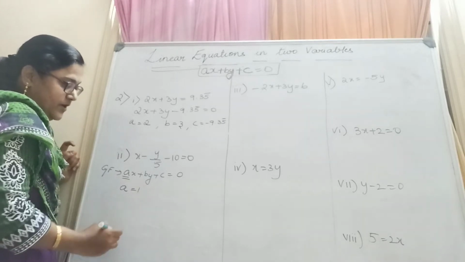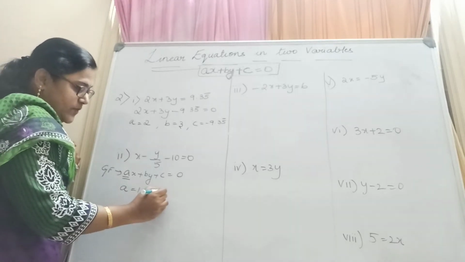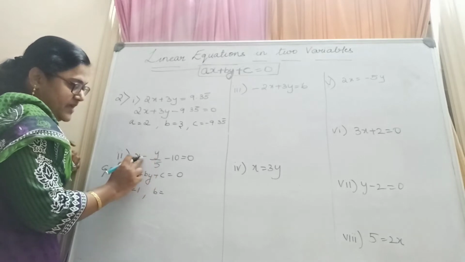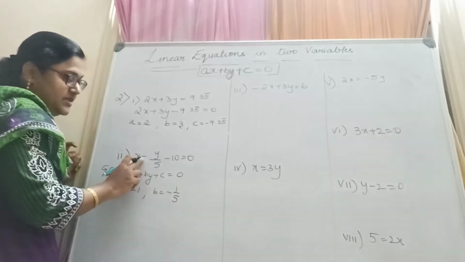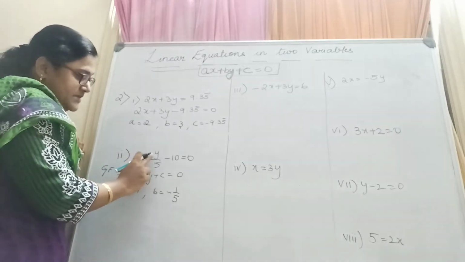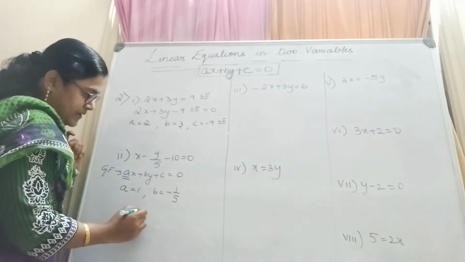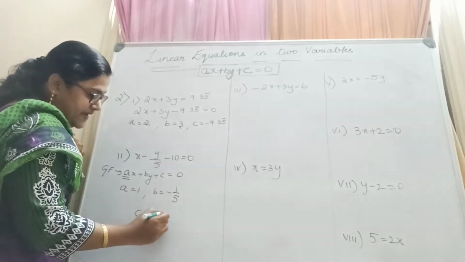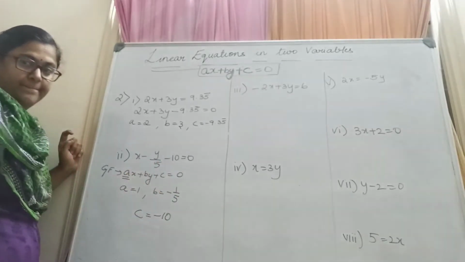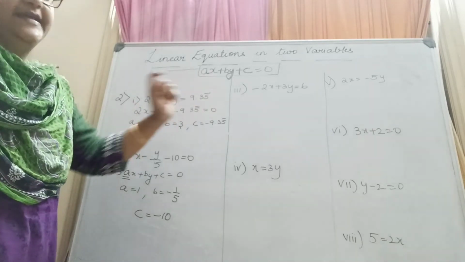So a is equal to 1. b is equal to, what is the coefficient of y? Minus 1 by 5. You have to consider the sign also. And what is the c value? That is the constant term. It is minus 10. Okay. Moving on to the next question.